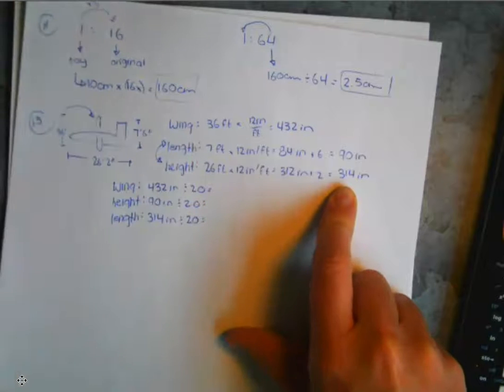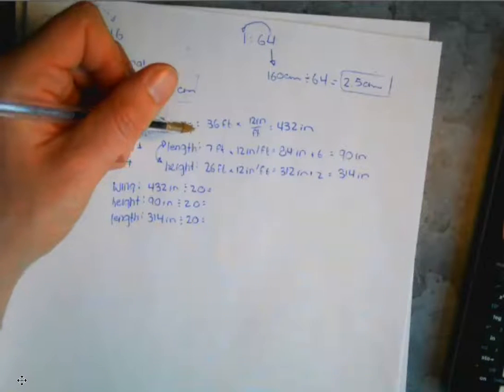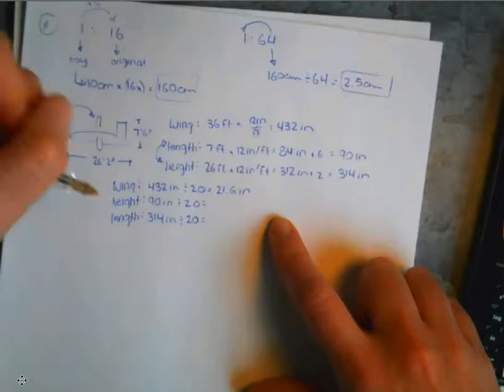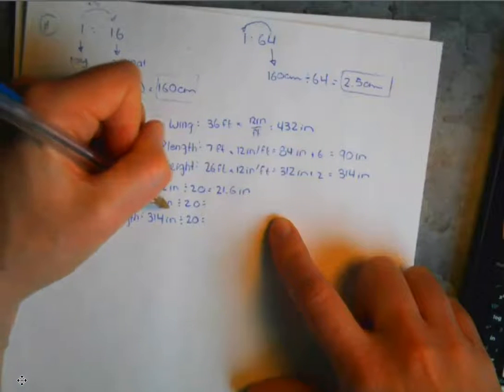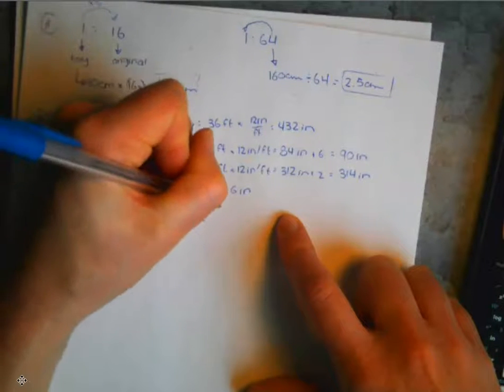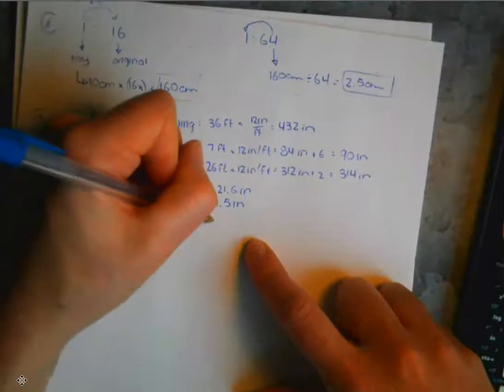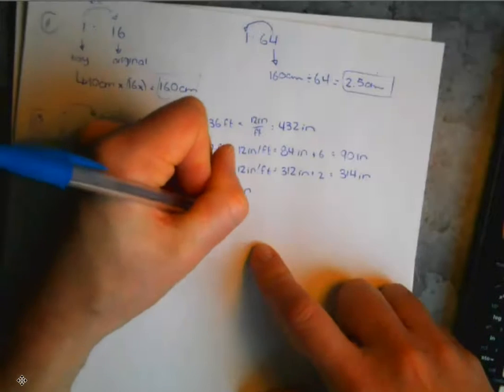Okay, so when we calculate those, we end up with 21.6 inches for his model. Let's see, 90 divided by 20 gives us 4.5 inches. And 314 divided by 20 gives us 15.7 inches.